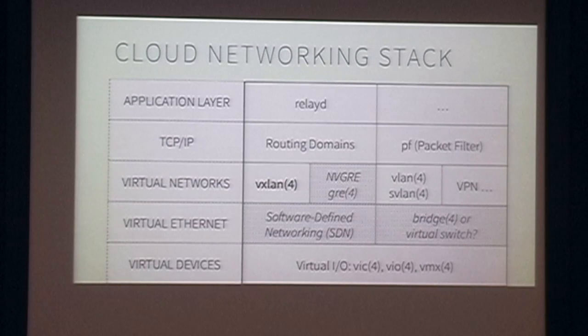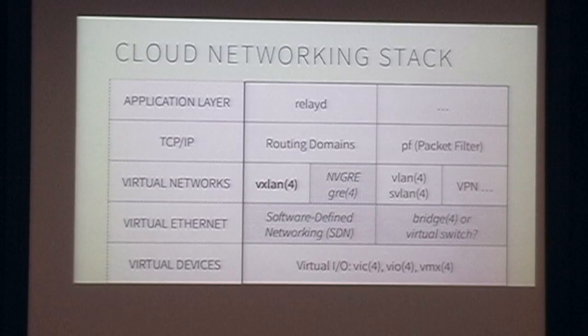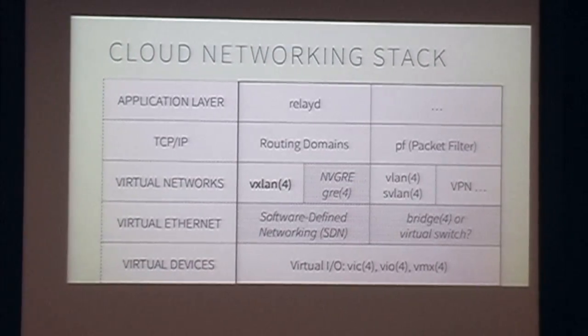So the virtual Ethernet is a different area. It's dotted in the background because we don't have a working solution yet in this area. Oh, we have bridge. We have bridge, and bridge is okay, but it's not perfect, basically. So it's still a question mark. Should we further extend and fix bridge, or should we start looking at alternatives?